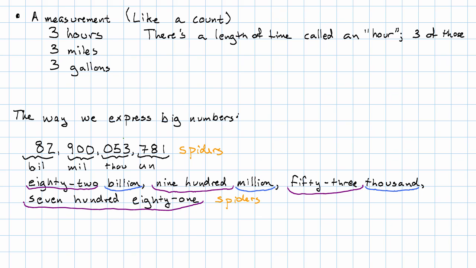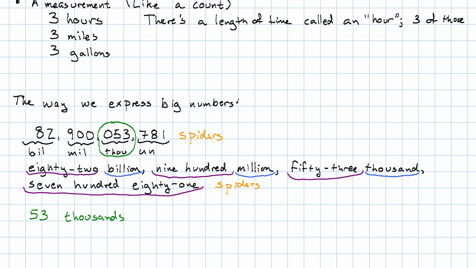So what this 53 in the thousands group represents is just 53 thousands. We can go down a level further. From the groups, we can go down to the individual digits, the individual symbols.